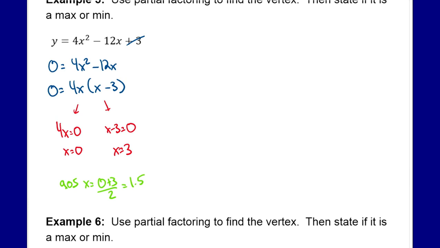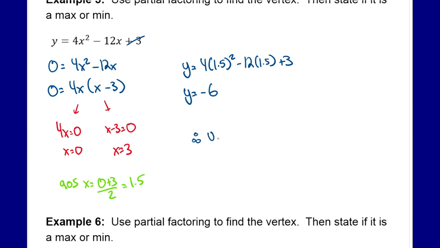I can then take that and plug it back in. So 4 times 1.5 squared minus 12 times 1.5 plus 3. Even though I got rid of that 3 to find these imaginary roots, make sure we're using that original equation with the plus 3 when we're finding the y value. What we should find is negative 6.